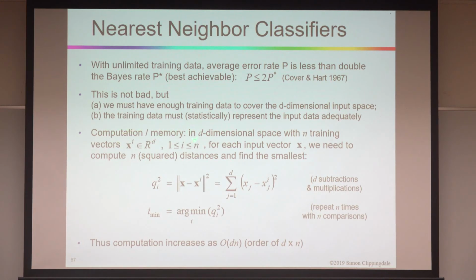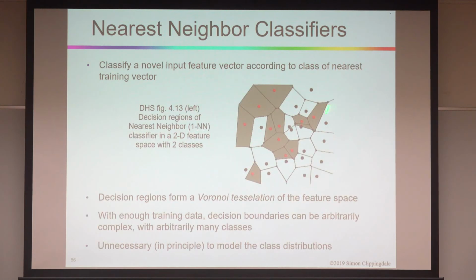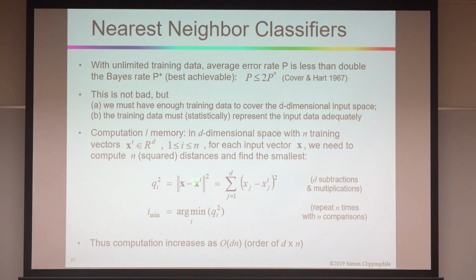As for computation and memory required, if you're dealing with d-dimensional vectors and you have n training vectors x_i, then when a new input vector arrives, in principle you need to compute the distance between it and every one of these training samples. If these vectors live in a d-dimensional space, that means d multiplications to subtract and square.